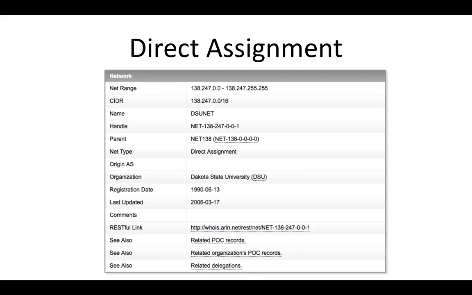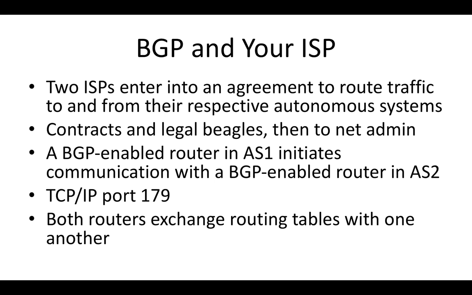And what that process looks like a little bit here is two ISPs or autonomous systems enter into some sort of agreement to route traffic to and from their respective autonomous systems. So they've talked to each other and said, we want to route traffic between each other. They sign some contracts, let the legal teams figure everything out, and then go talk to the network administrator.